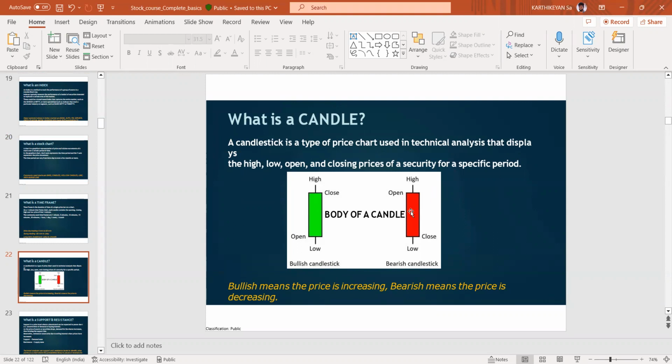As I mentioned earlier, when the opening is lower than the closing, the candle is shown as green. When the open is higher than the closing, the candle is represented as red. So it signifies the price opened very low, moved up and closed higher. The reverse is true for the red candle.